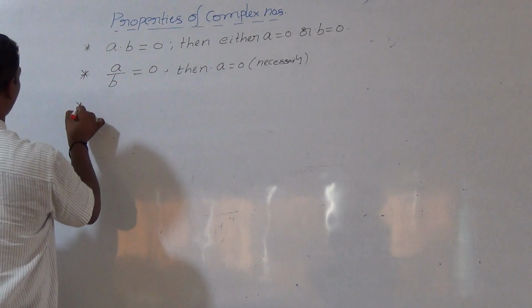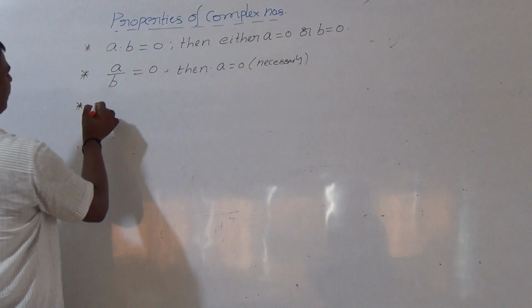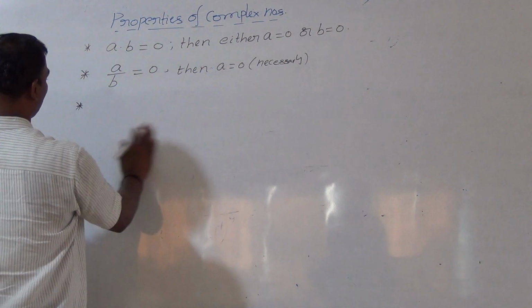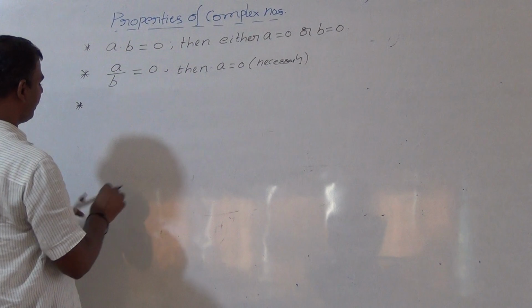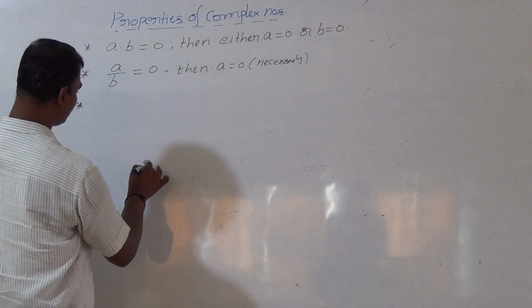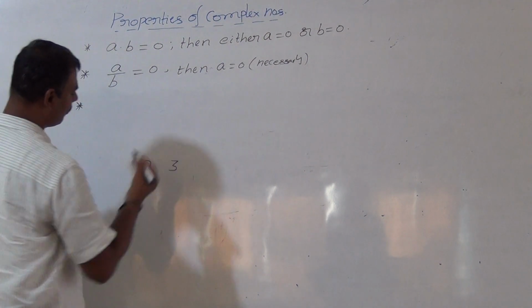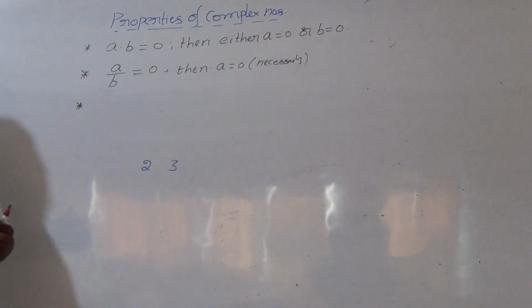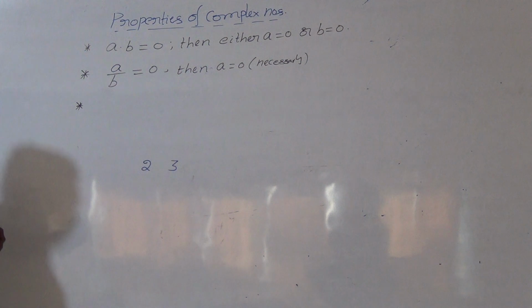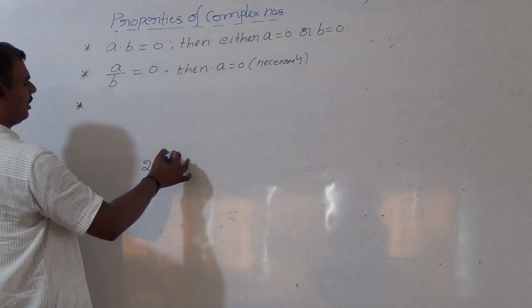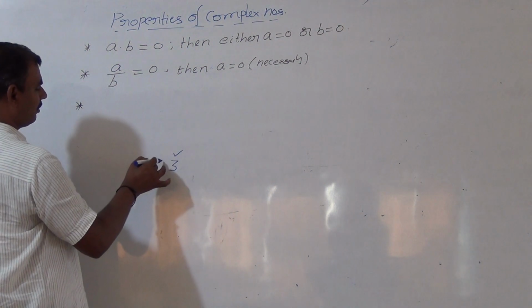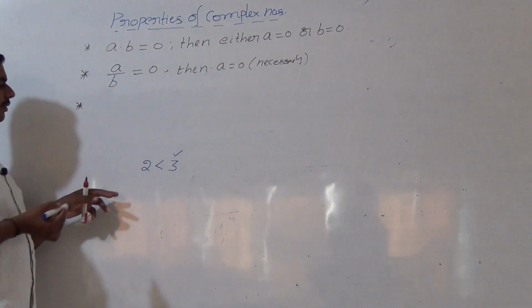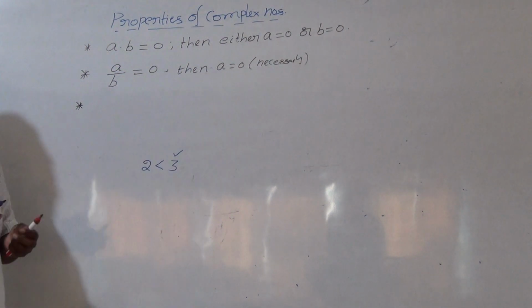Third property, observe that, inequality. Let us see some examples here. 2 and 3. In between these two numbers, which is the greatest number? We all know 3 is the big number, 2 is the small number. We can use 2 is always smaller than 3.